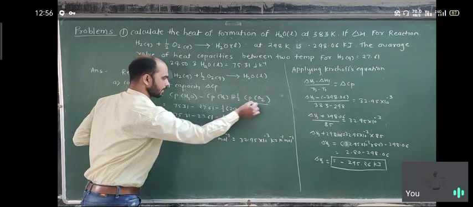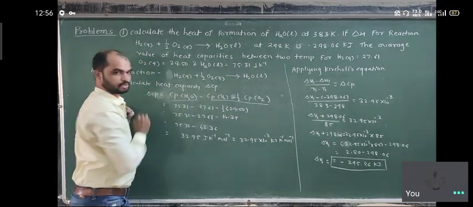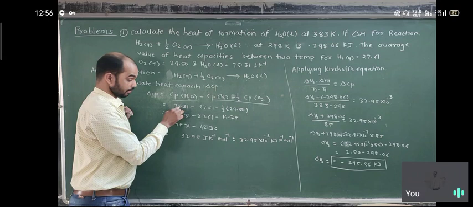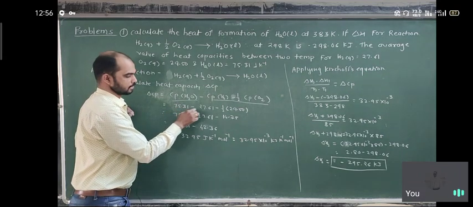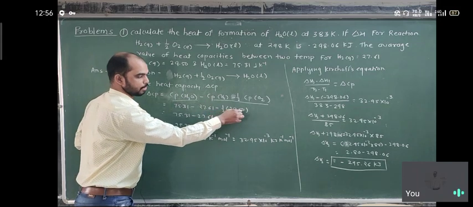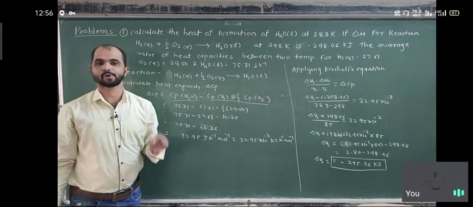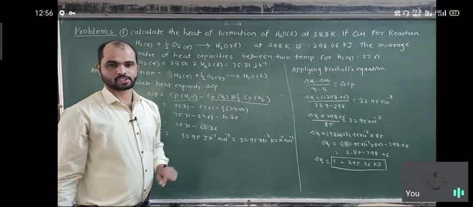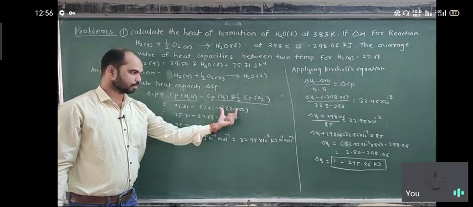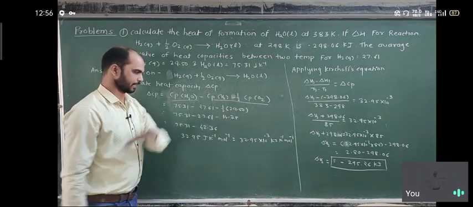So here is the reactant, here is the product. So 75.31 minus 27.61 for H2 and 1/2 of 29.50, because O2 is given as 29.50 but only half an oxygen is used, that means we take 1/2 of 29.50.